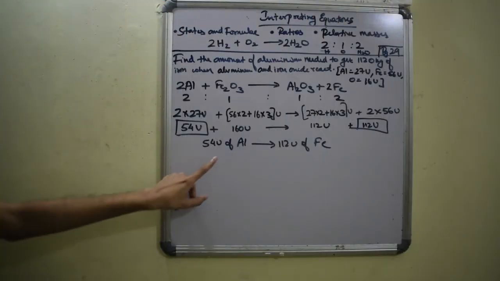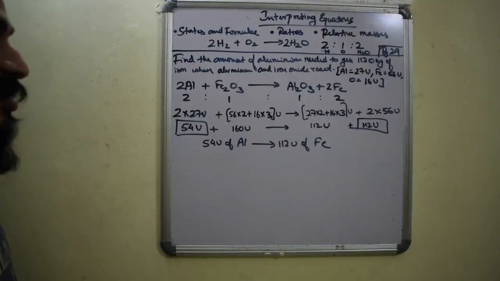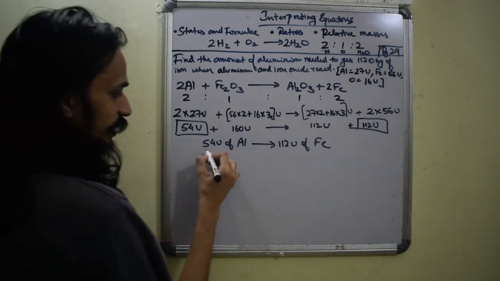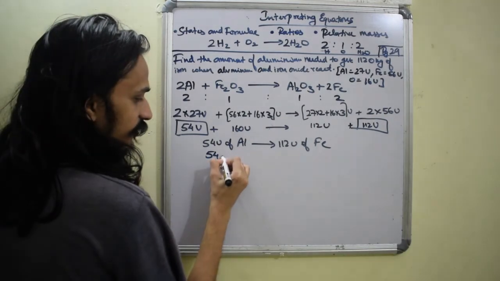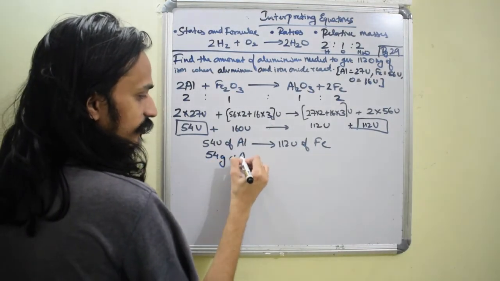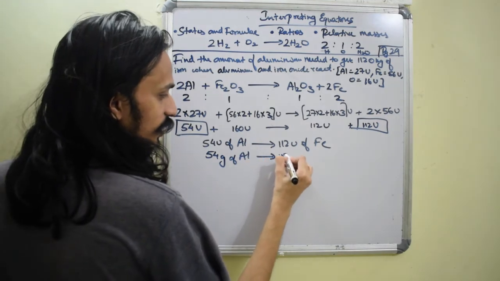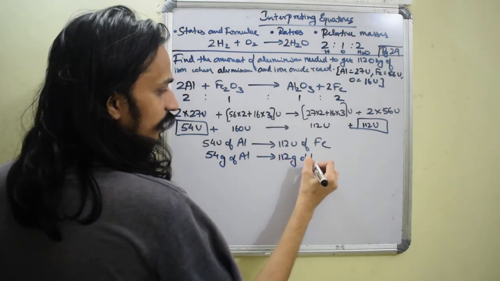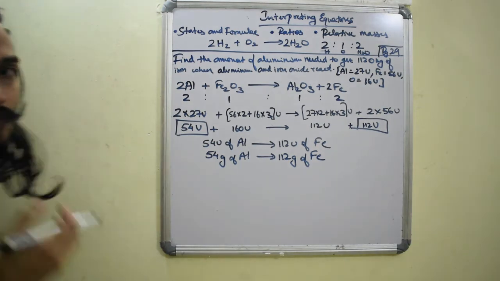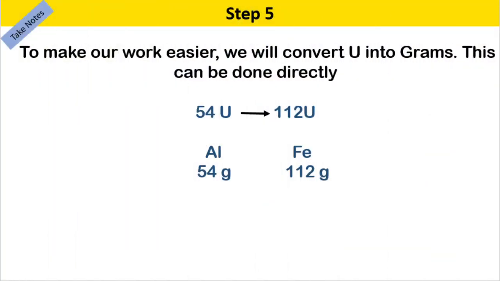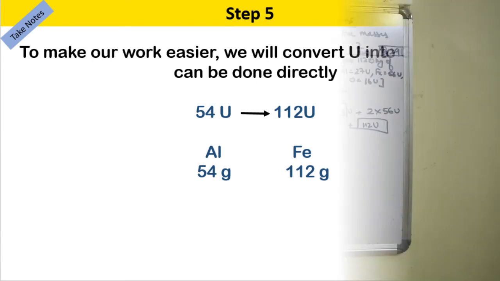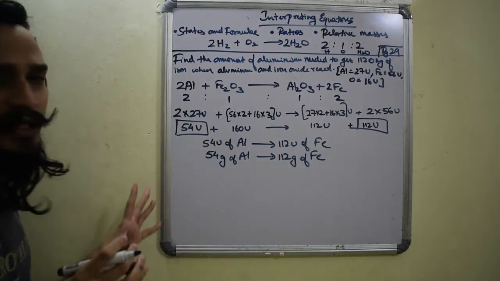Now the neat thing about U is I can directly change it into grams. So that means I can directly say 54 grams of aluminum will give me 112 grams of iron. Cool. Now this is again a simple math problem.